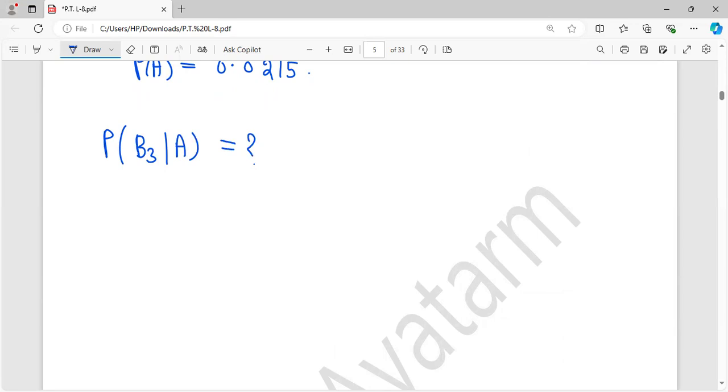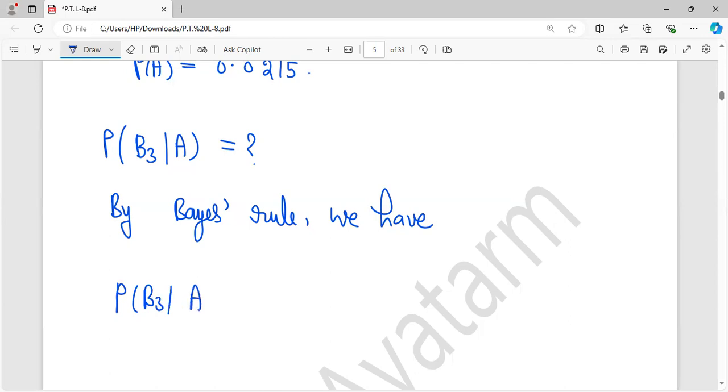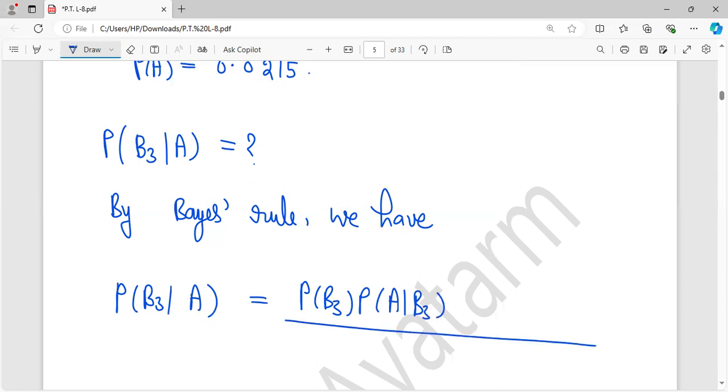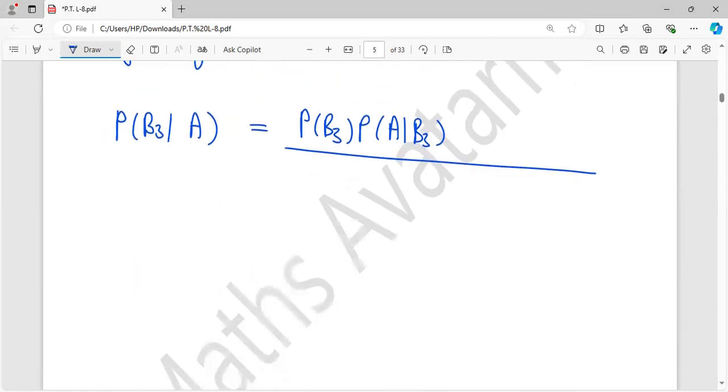So by Bayes rule, we have probability of B3 relative to A is equal to P B3 times P A relative to B3, upon summation i goes from 1 to 3 of P Bi times P A relative to Bi.